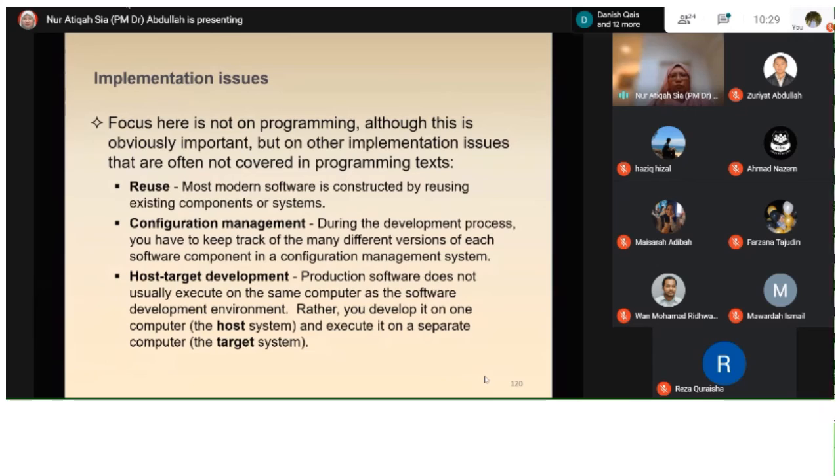Bila you guna pakai reuse concept dan sebagainya, make sure you really check the compatible of the reuse component and the current component, whether it is compatible or not, whether it have some issue occur or not, and you still have to conduct a thorough test on it. Okay, that is the first reuse implementation issue related to reuse.